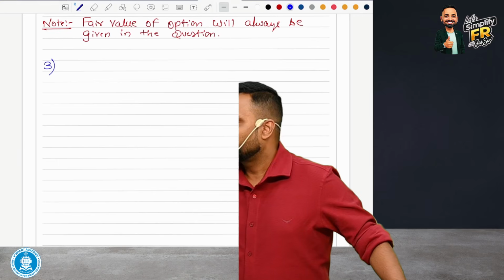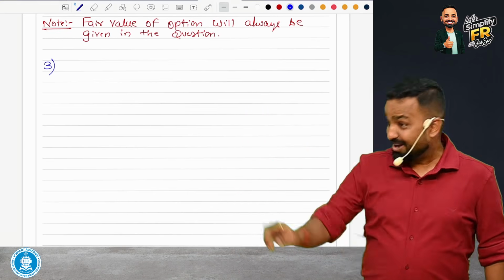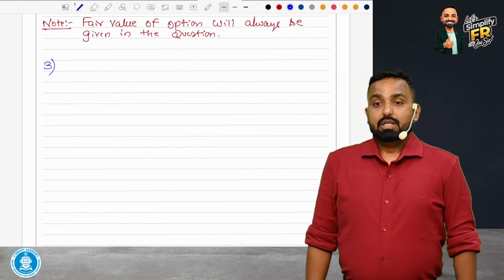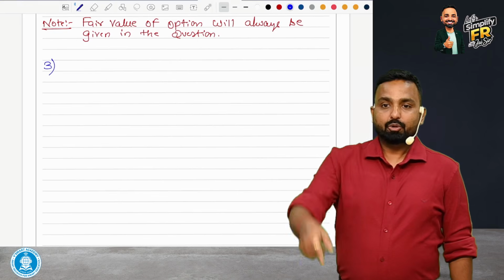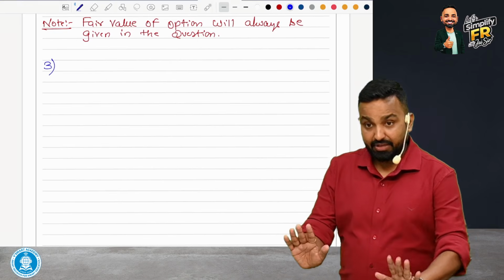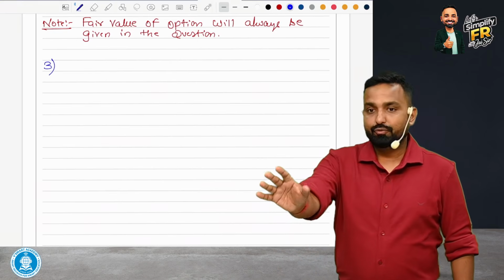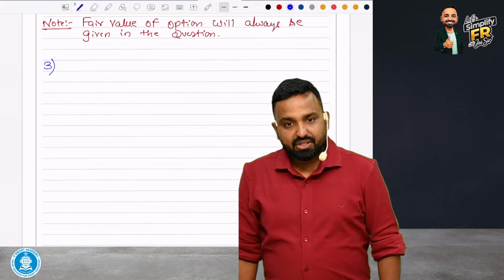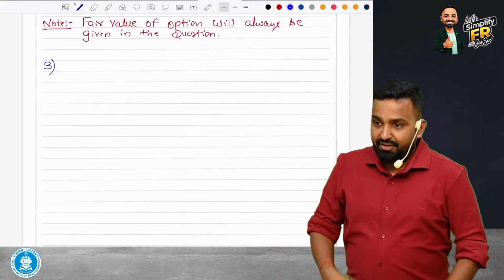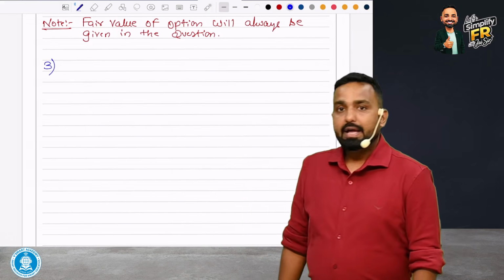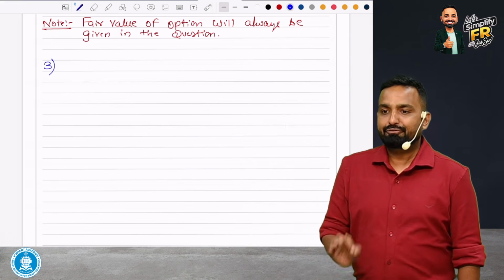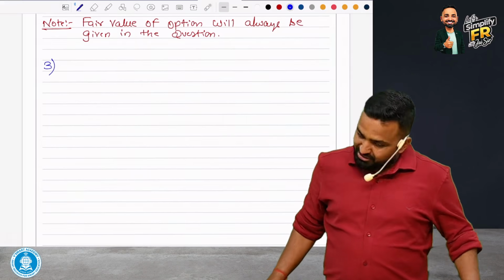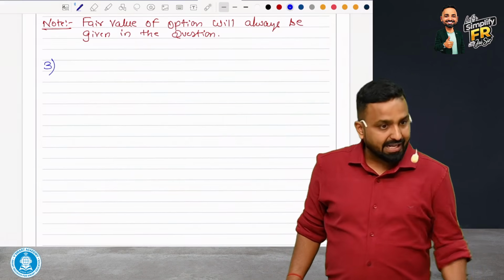Understood or not? Now, wait. I have taken a loan from you of 5 lakh rupees. I told you that after 5 years, as a repayment, I will issue 10,000 fixed number of equity shares. 10,000 means 10,000, not less, not more.